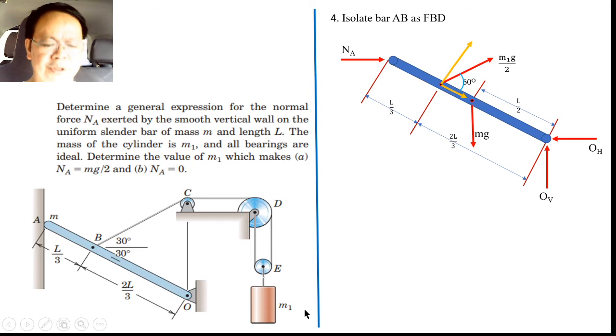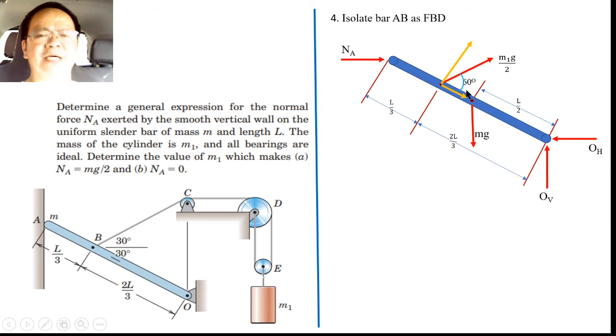If we resolve this force exerted by the cable CD into components, not necessarily horizontal and vertical, but rather, if the tension in this cable is resolved along the direction perpendicular to the bar and parallel to the bar, then we shall have this one.